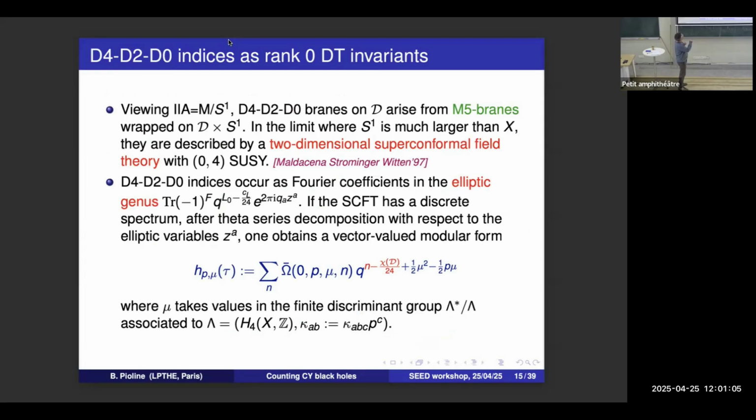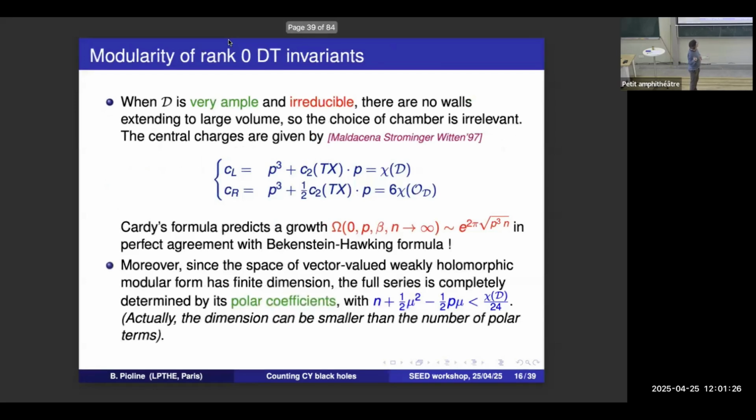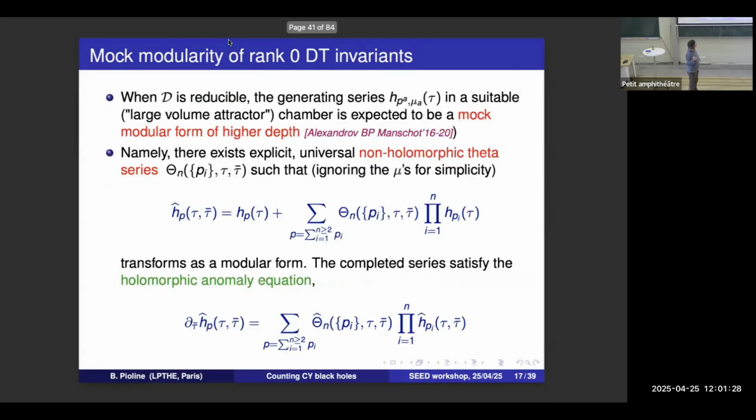The other one is this D2 brane charge, but again by tensoring with flat bundles or using spectral flow in the CFT, you can reduce the second index to just a finite set of values, which is in this discriminant group. So you have to think of this mu as being an index for a vector valued modular form. Okay, so that's a technicality. Maybe I should have suppressed it, and in fact, I'm suppressing it here.